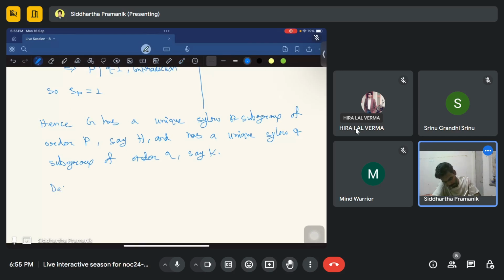So as earlier, just define phi from H cross K to G by sending (h, k) to hk, and so that phi is an isomorphism.